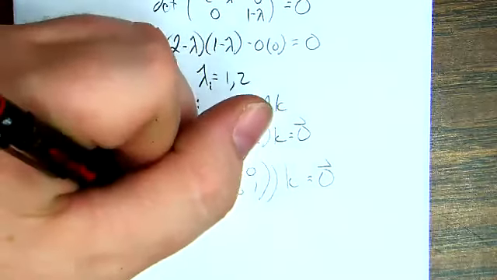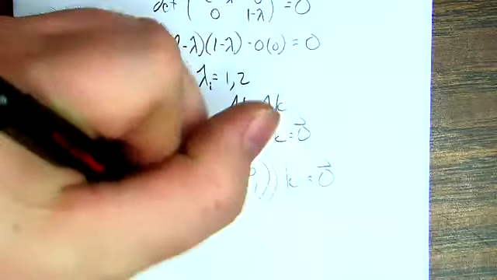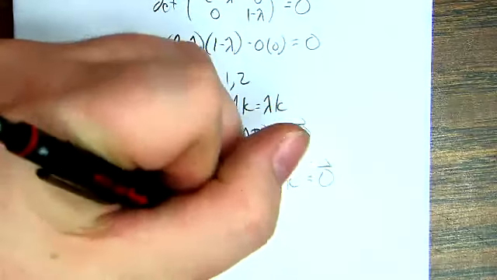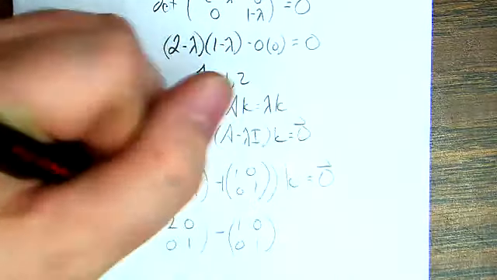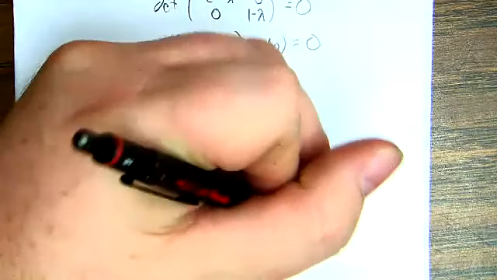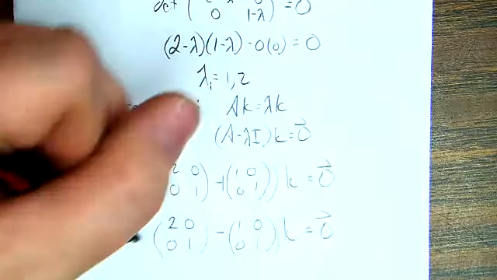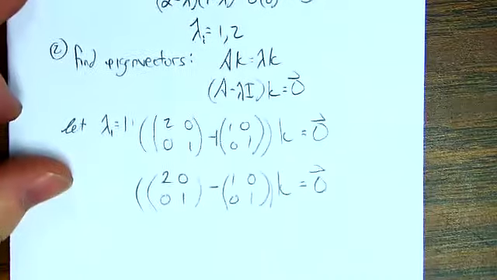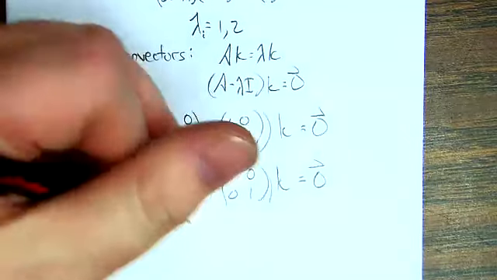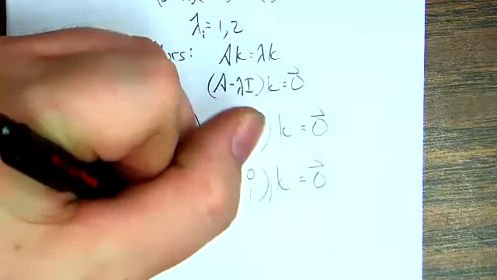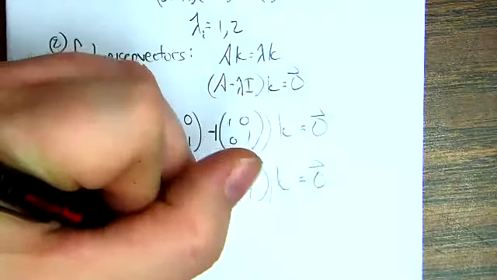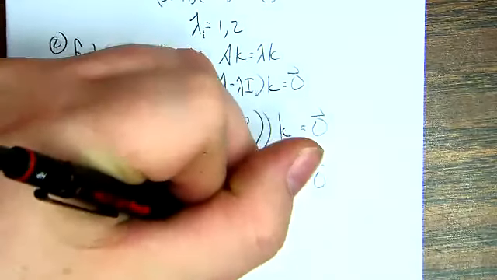And so we get 2, 0, 0, 1 minus 1, 0, 0, 1 times K equals 0. Which gives us the matrix 2 minus 1, 0, 0, 1 minus 1.